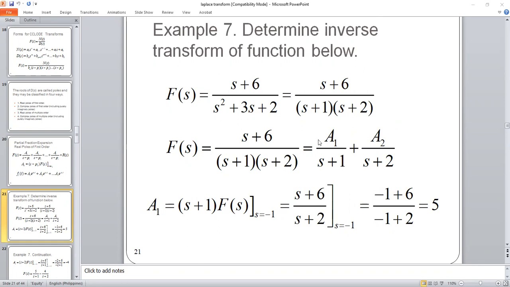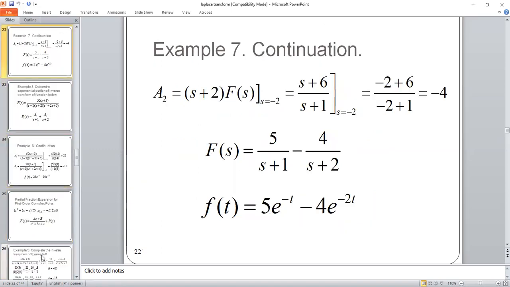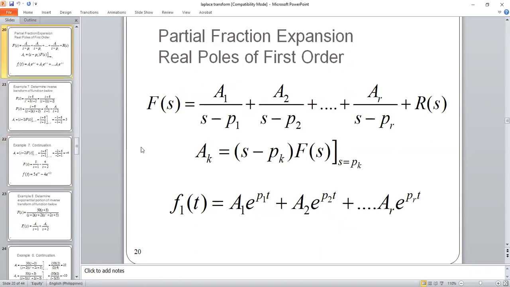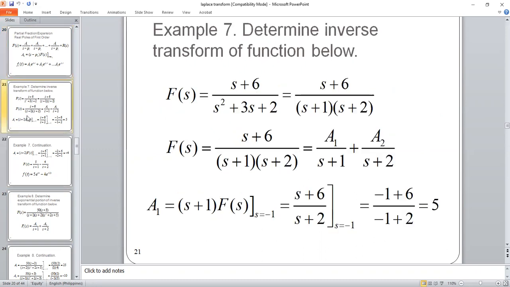you find the values of A1 and A2. In this case, A1 is 5 and A2 is -4. You just substitute them in the original representation of the partial fractions. We call these the partial fractions.